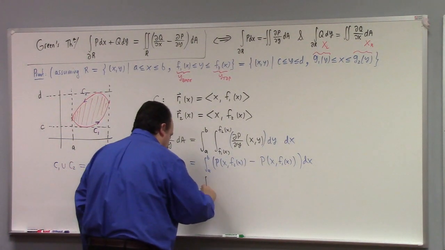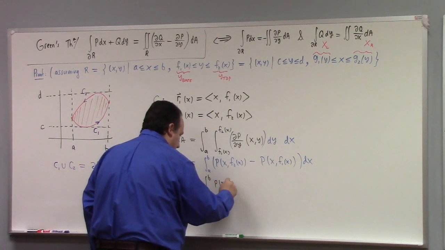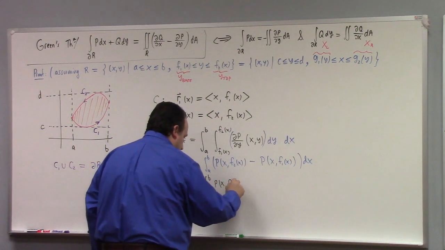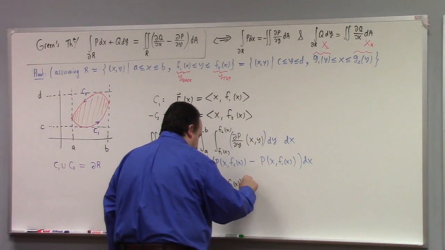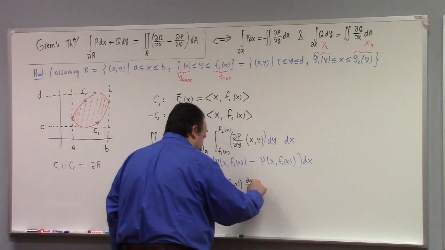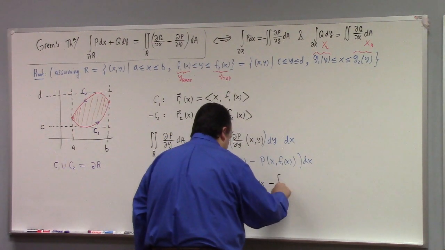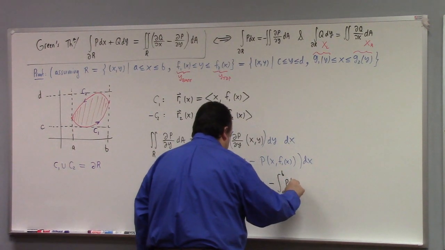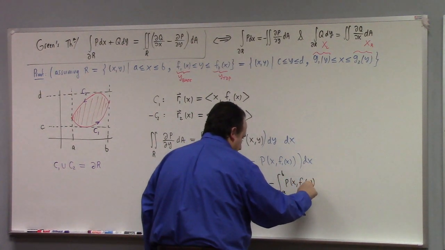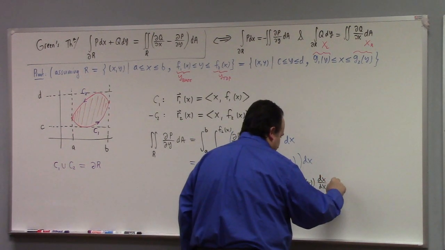On the one hand, we have the integral from a to b of p of x comma f2 of x dx, and then minus the integral from a to b of p of x comma f1 of x dx.